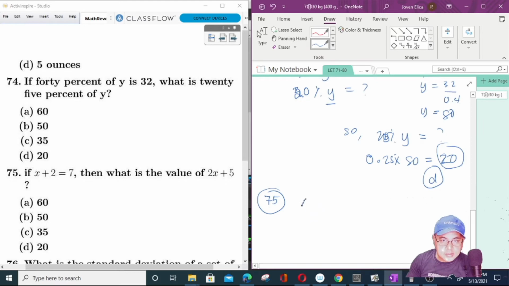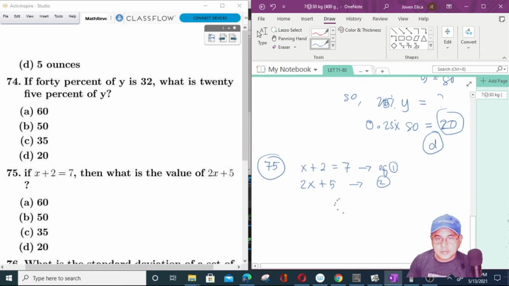If x plus 2 is equal to 7, then what is the value of 2x plus 5? Let's say this is equation number 1. What is the value of 2x plus 5? We can only calculate the value of 2x plus 5 if we are able to calculate the value of x from equation number 1.